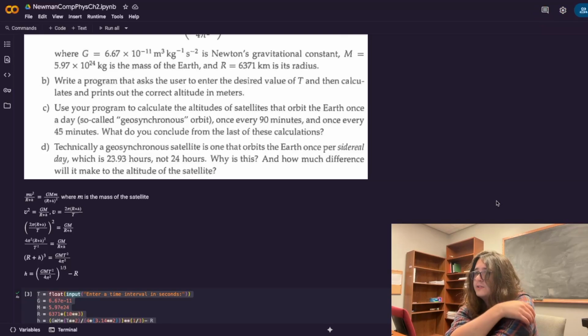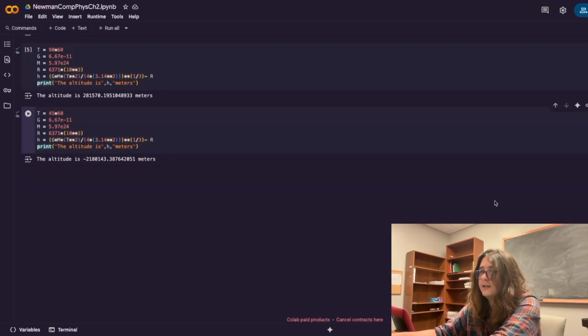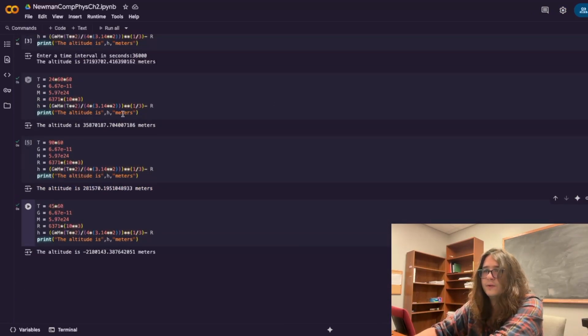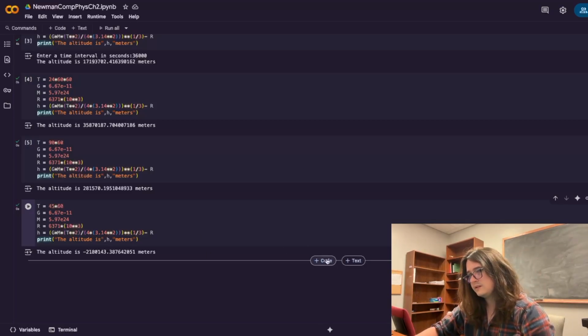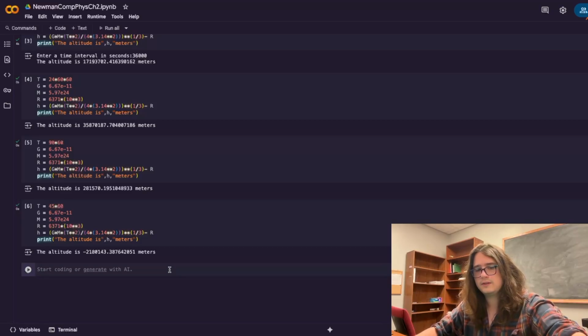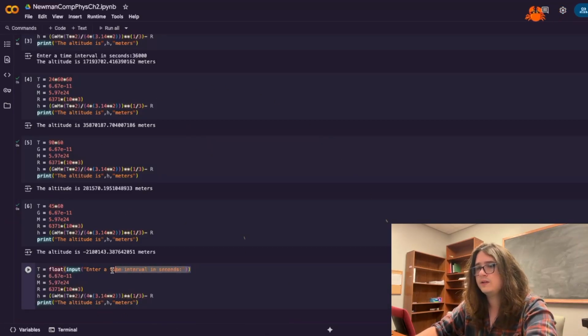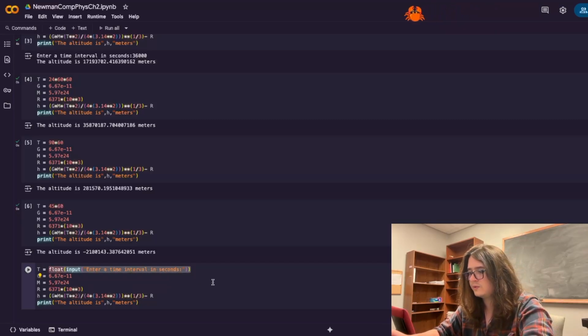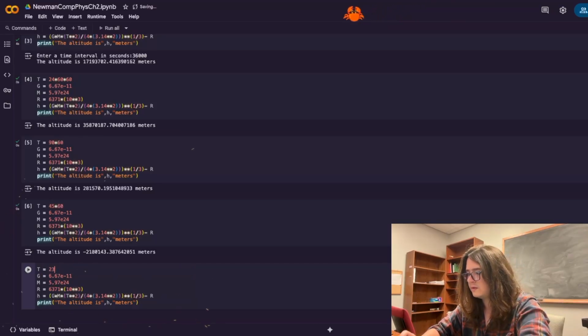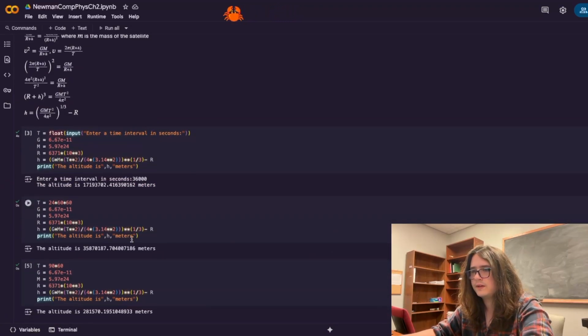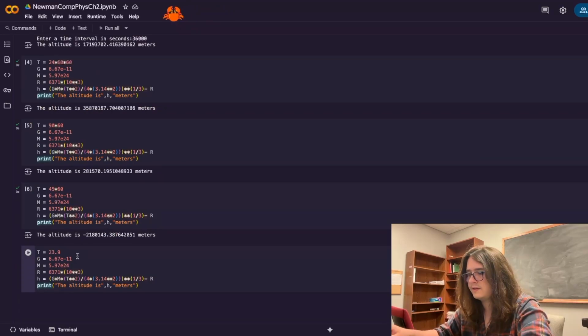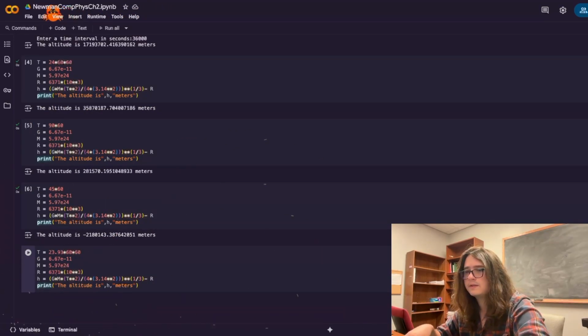And so how much difference will it make to the altitude of the satellite? Well, we happen to know what that altitude was. We can calculate the difference between the two if we put in 23.93 instead of 24, multiplied by 60 minutes and 60 seconds.